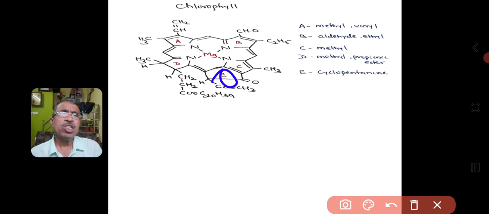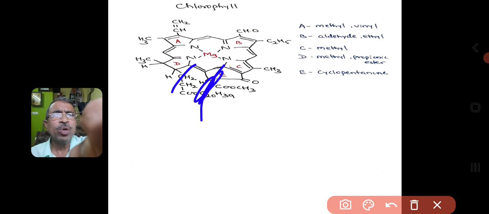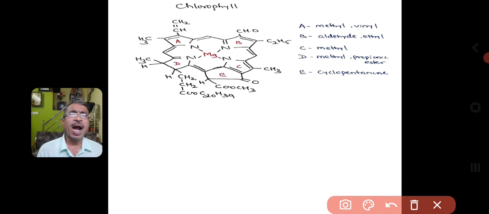This is known as the cyclopentanone ring, which is fixed in chlorophyll. This is the difference between hemoglobin and chlorophyll. Also, in the D pyrrole and the C pyrrole, we have two hydrogen atoms, so hence it is called dihydro.